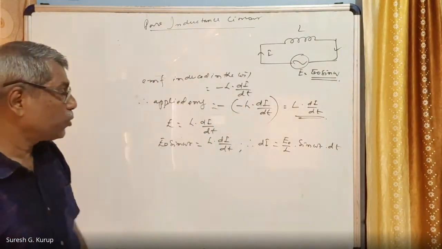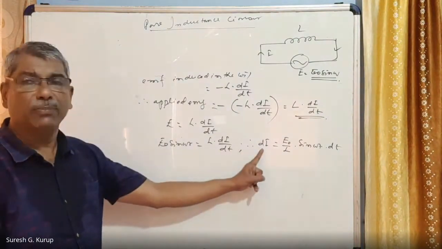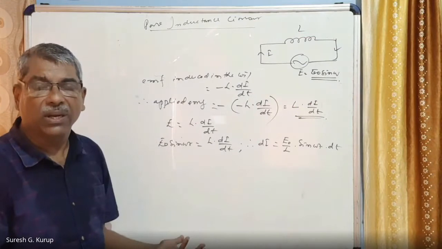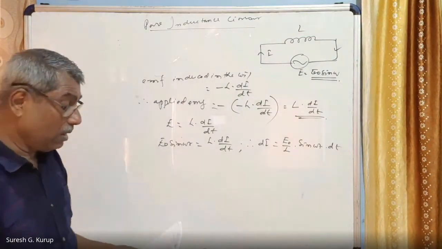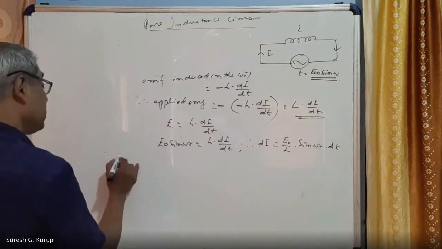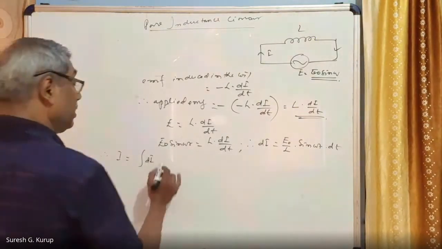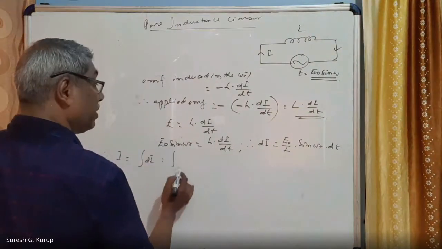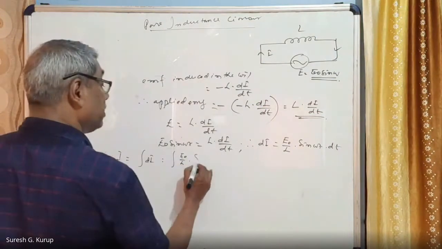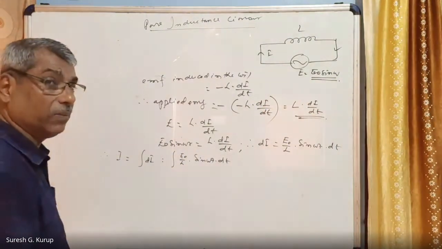So we have found an expression for di from the relation. When we get di, a small value of current, the whole value of resulting current can be calculated. Now, integrating this function, we get I is equal to integral di, which is equal to integral E0 by L into sine omega t dt.